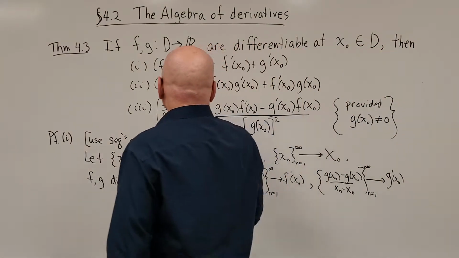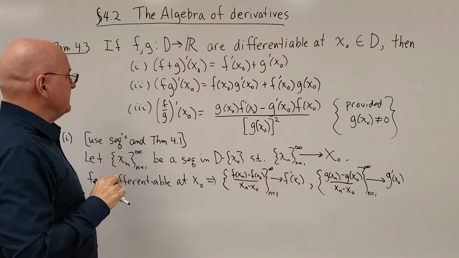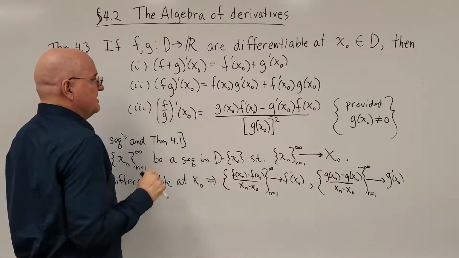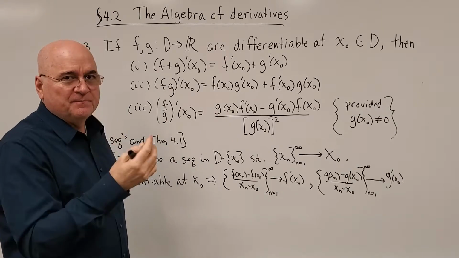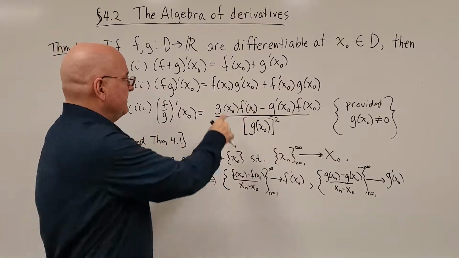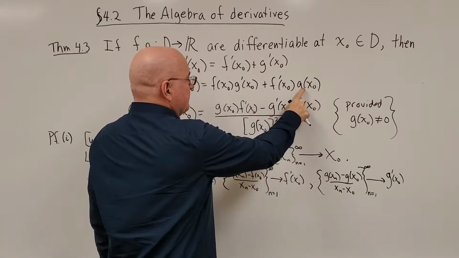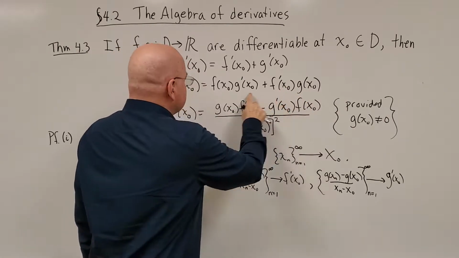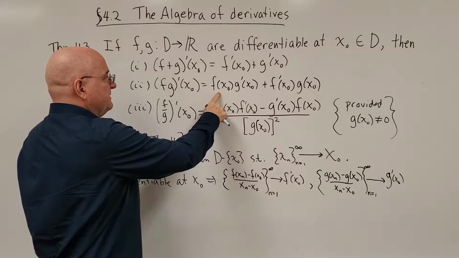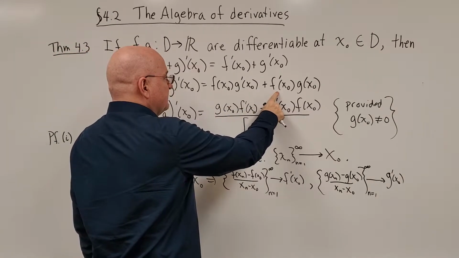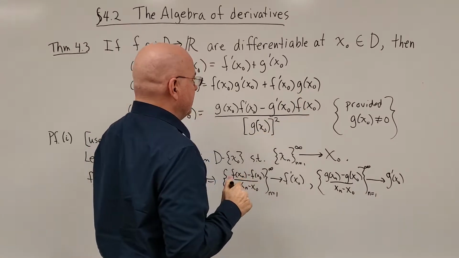The second one, when you're multiplying the two functions together, we get (fg) prime of x naught is equal to, the way I like to think of it, the first times the derivative of the second plus the second times the derivative of the first. So you get f of x naught times g prime of x naught plus f prime of x naught times g of x naught.